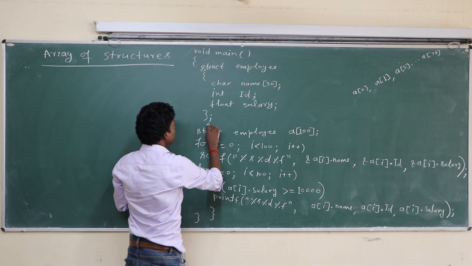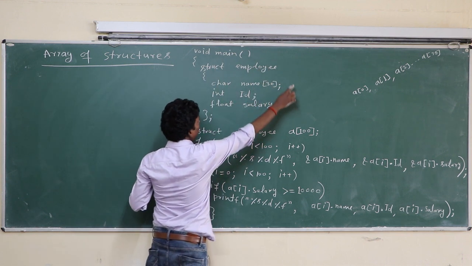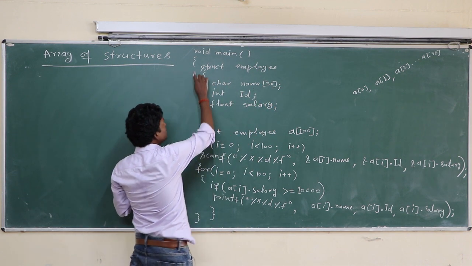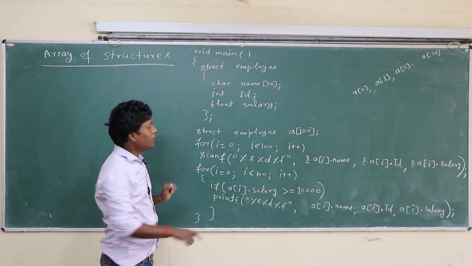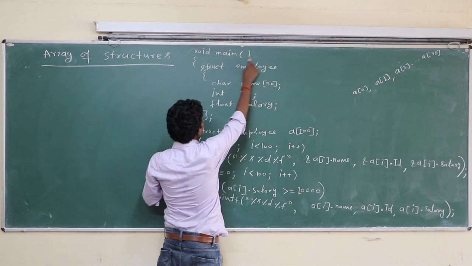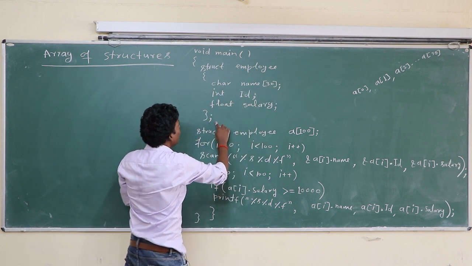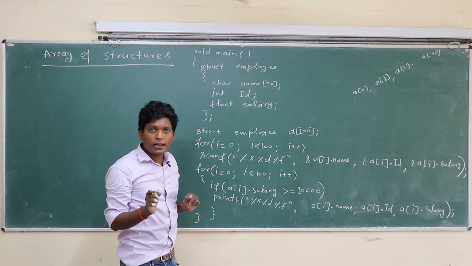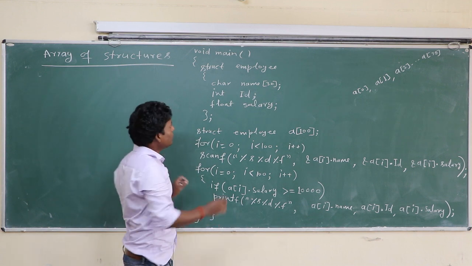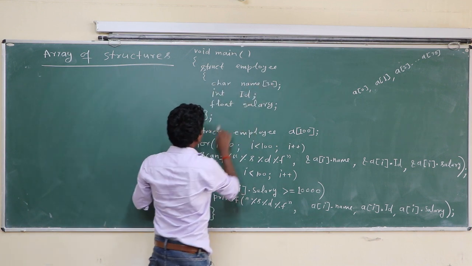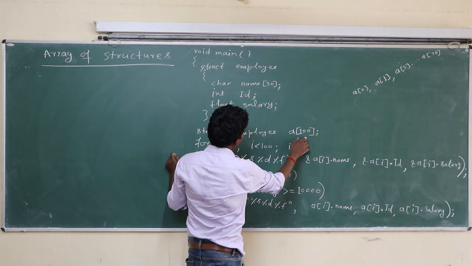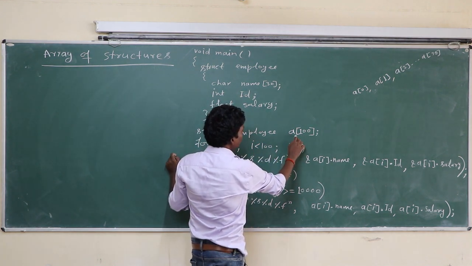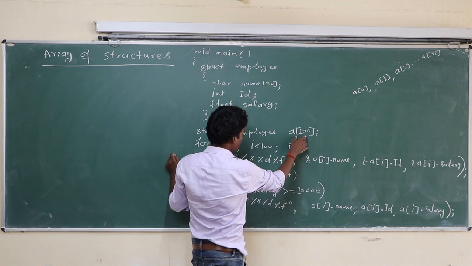Okay class, this whole thing from here to here is a new data type, because structure is a user defined data type. Here the user defines the data type from here to here. Once you have defined the data type, then copy this line and write something. This is the variable. Okay, there are 100 variables here, there are 100 structure variables.